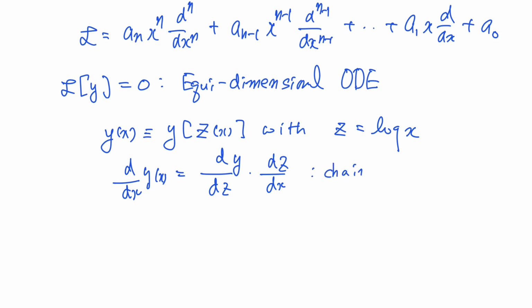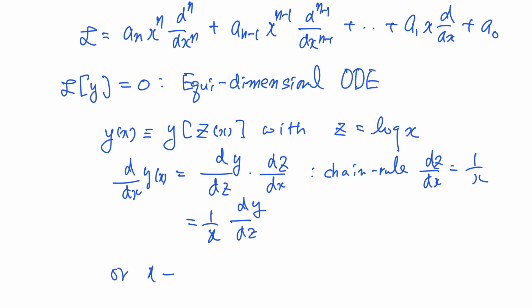It's called the chain rule. And dz/dx is 1 over x, right? If we differentiate the log by x, we have 1 over x. So this is 1 over x dy/dz, or x dy/dx is the same as dy/dz.